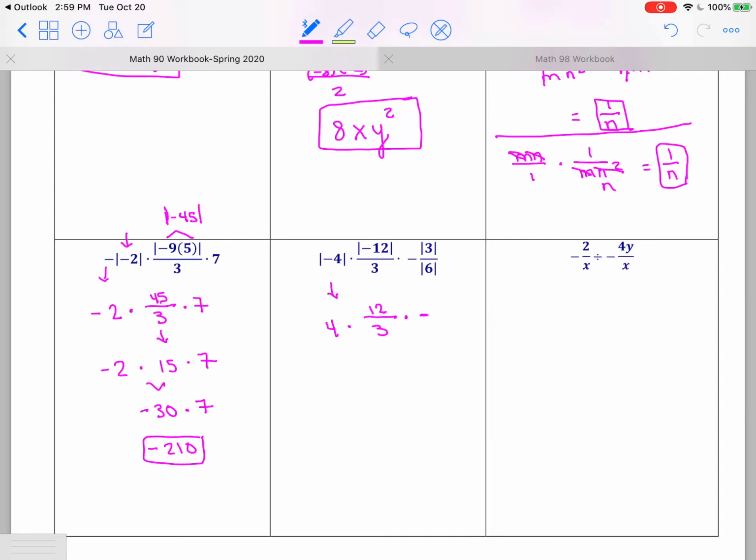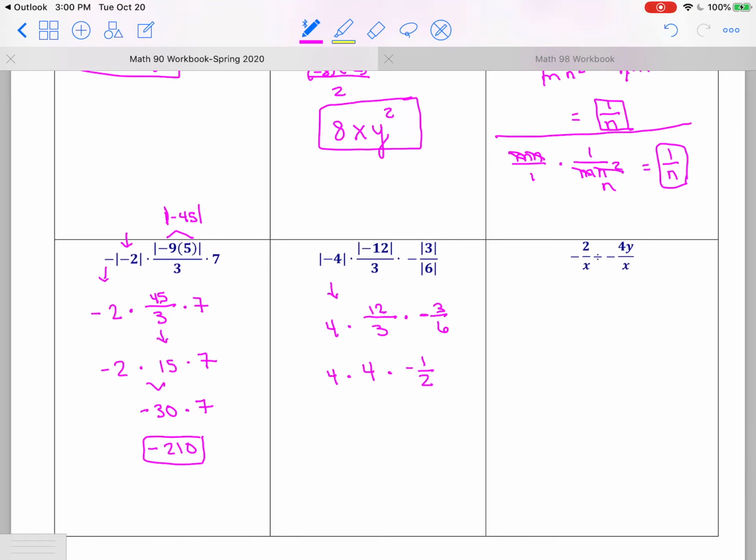Times, we have the negative of an absolute value of 3 over an absolute value of 6, which is just 3 over 6. A little more work to do. I'm just going to bring this 4 down because I'm not using it yet. 12 divided by 3 is 4, right? And a -3/6 is the same as -1/2.